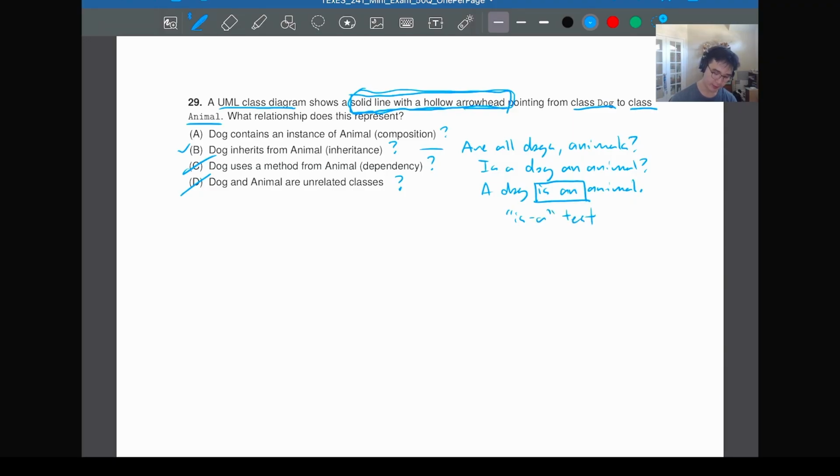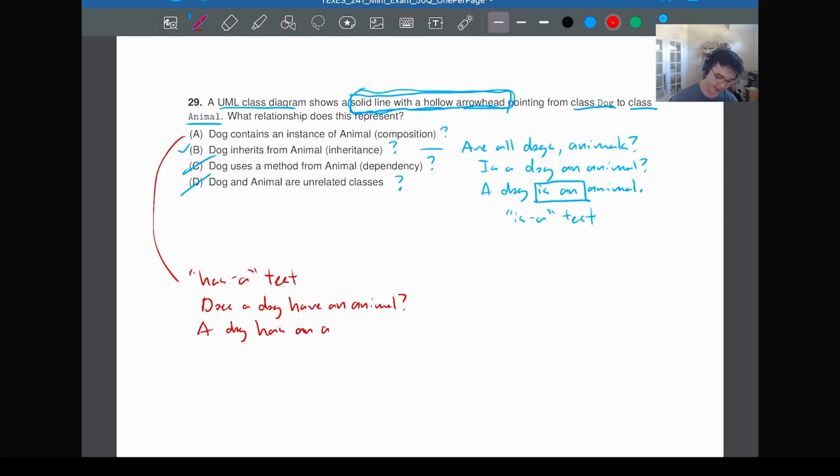For composition, this is the has-a test. So, does a dog have an animal? Or if you like periods, a dog has an animal.